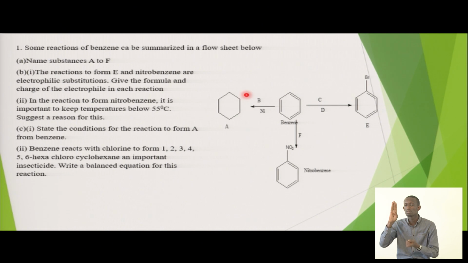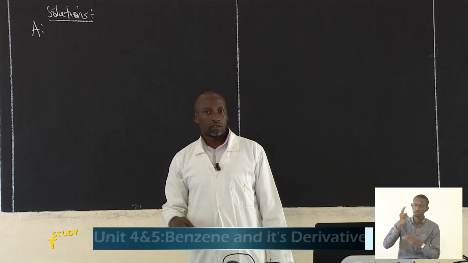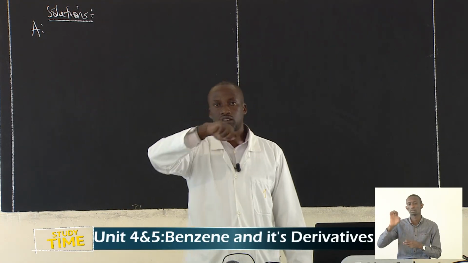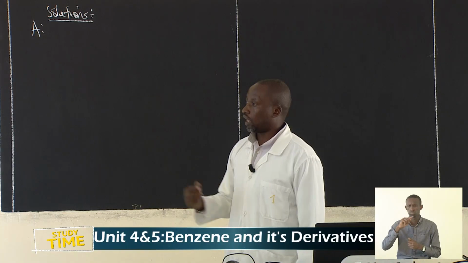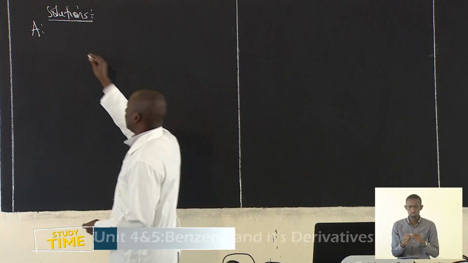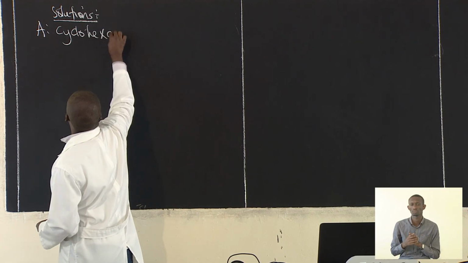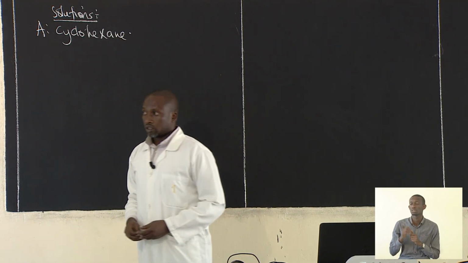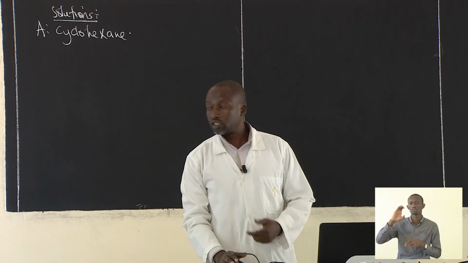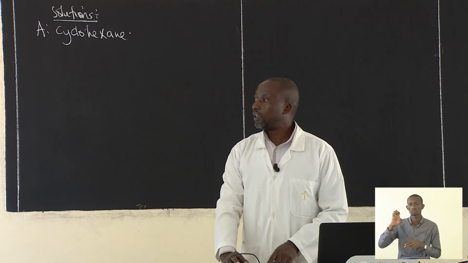So it means it has single bonds all throughout, and therefore this is an alkane. And remember, because it is cyclic, it is in a ring form, then it is called cyclohexane. So that is A.